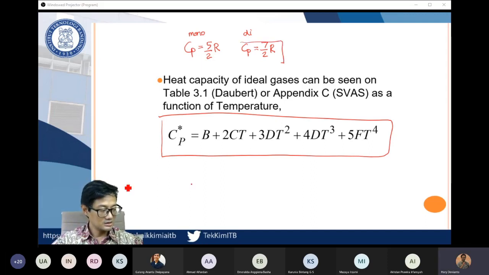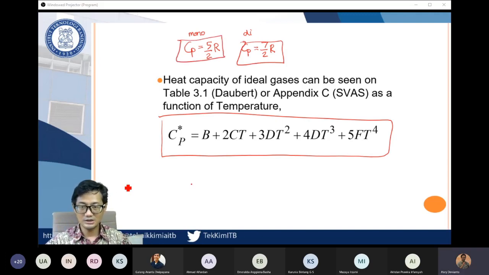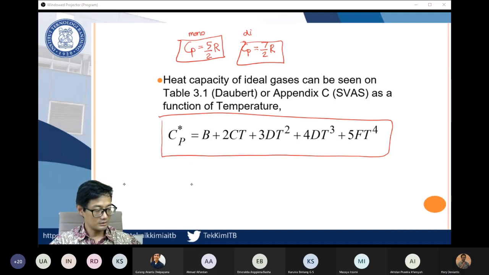Here, it seems that Cp remains constant, even though the temperature is changing. In a real case, Cp is a function of temperature. When you increase the temperature, the value of Cp will change as well. And each component has a different formula.